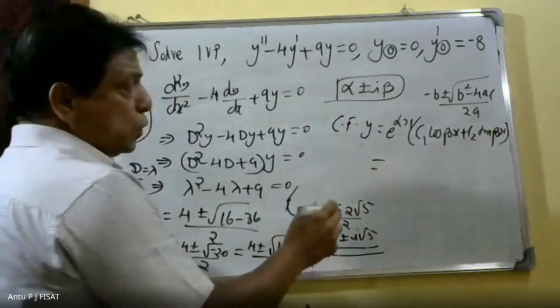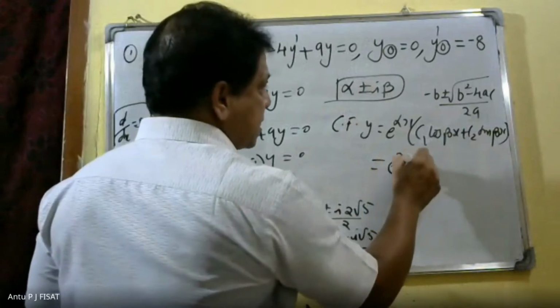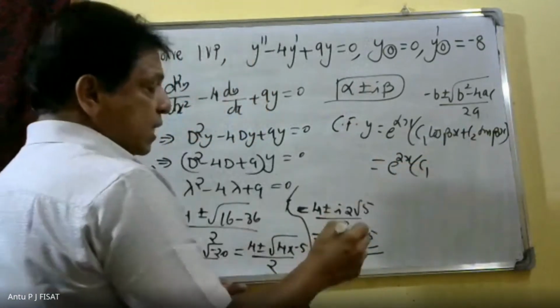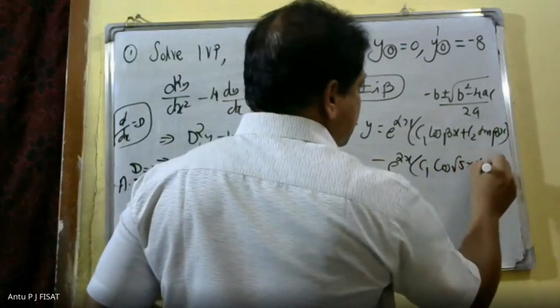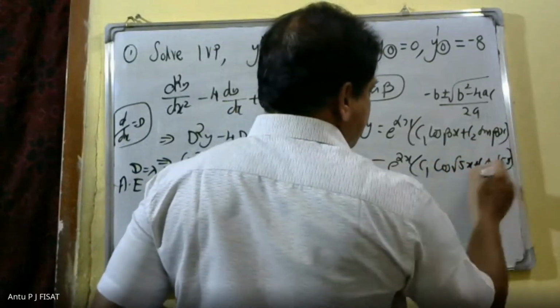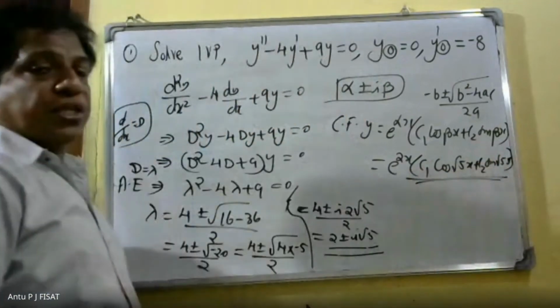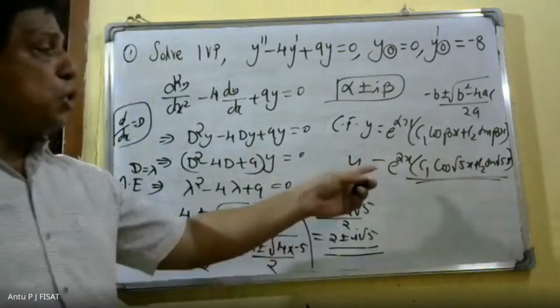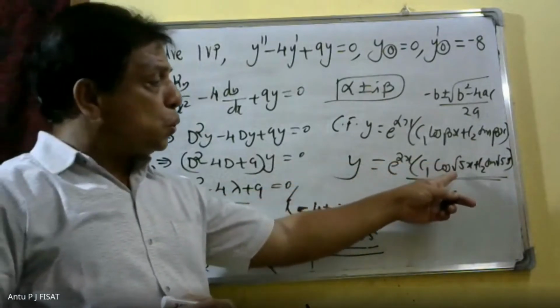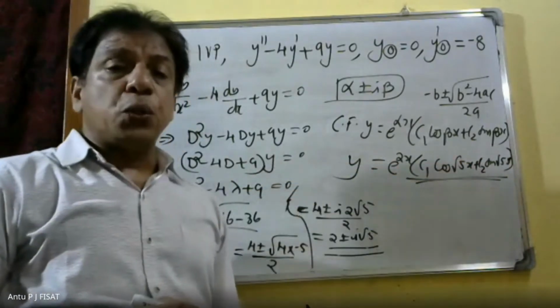Here alpha is equal to 2 and beta is equal to root 5. Therefore, the complementary function will be y is equal to e raised to 2x into c1 cos root 5x plus c2 sin root 5x.